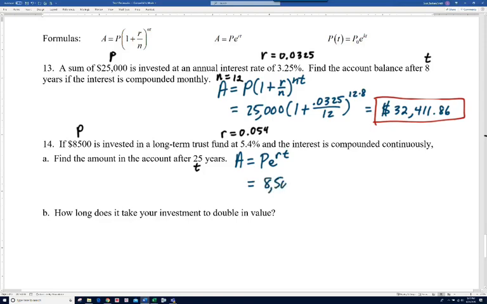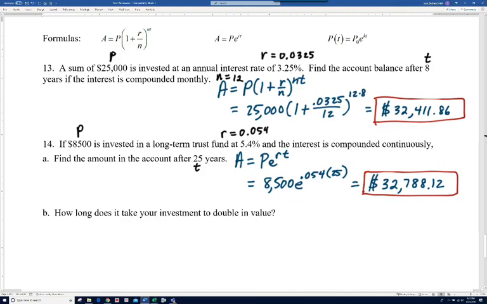So let's plug in our numbers. We get 8,500 times e to the 0.054 times T, which is 25. When we plug that into the calculator, again, we get 32,000 something. It's $32,788.12.